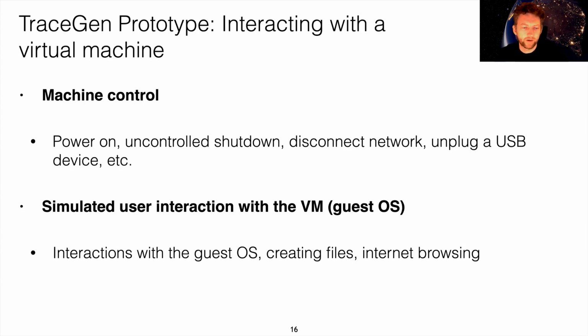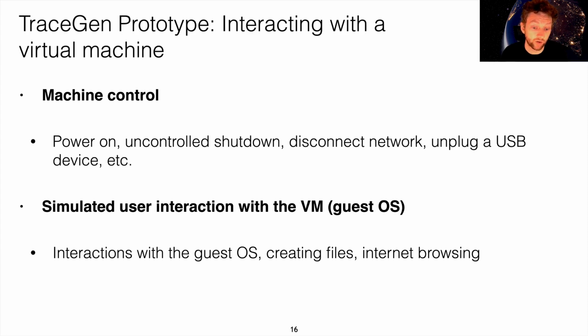So let's talk about interacting with a virtual machine. There's kind of two different things to simulate here. If you imagine it was a real system, a real user, they have a physical machine in front of them, and there's things that they can do to that.